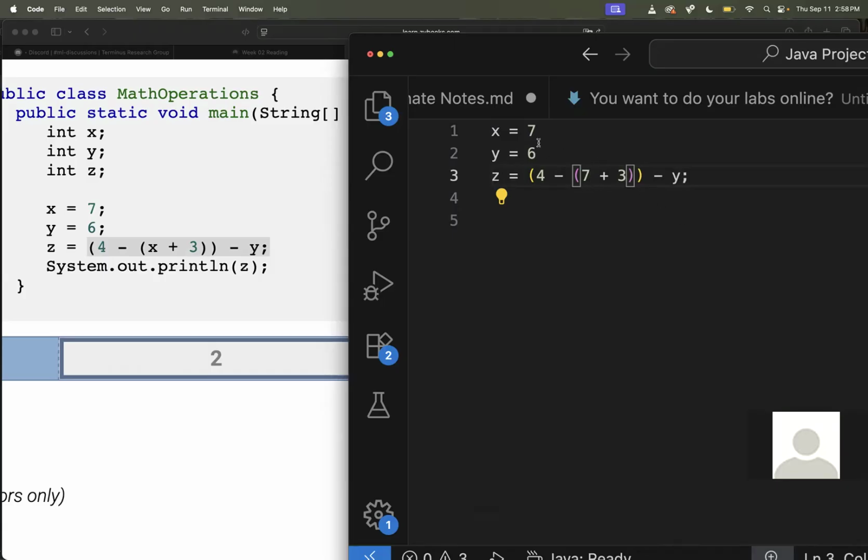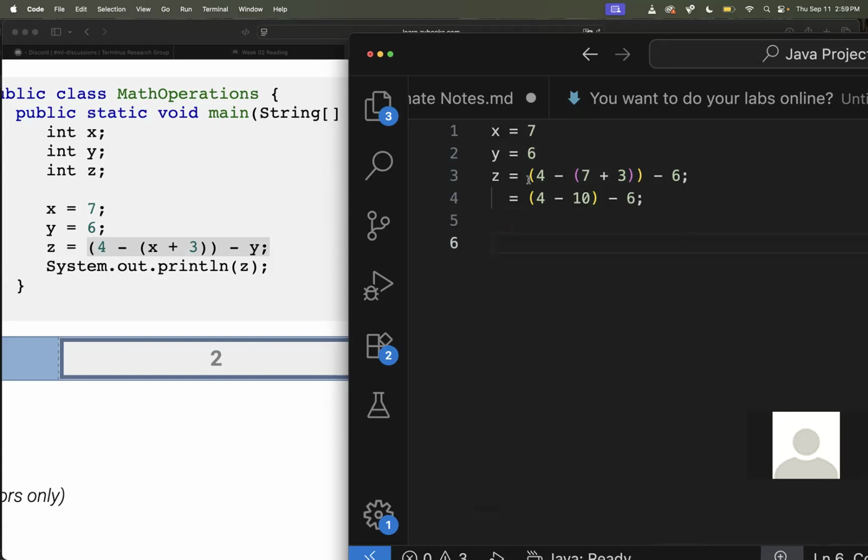Over here it's a 6, so I'll put a 6 in here. Now I can figure out what's going on. The first thing you would do is 7 plus 3. 7 plus 3 is 10, so I'll replace it with 10.